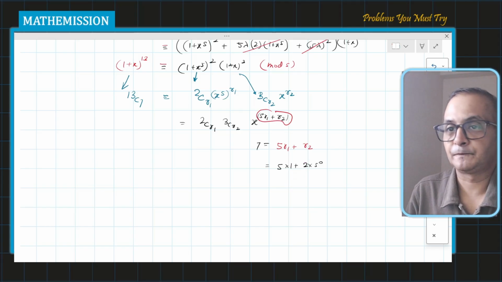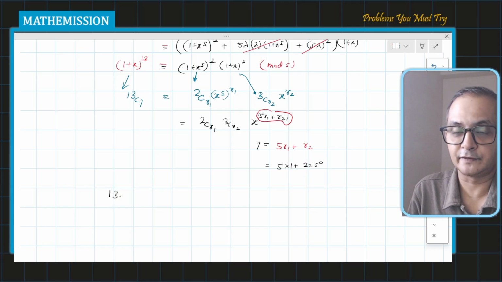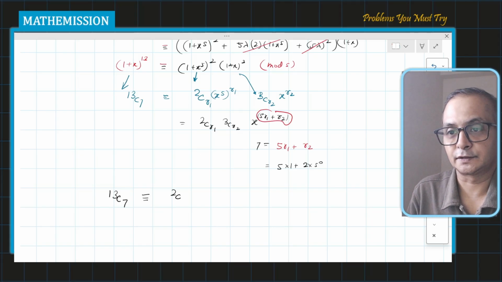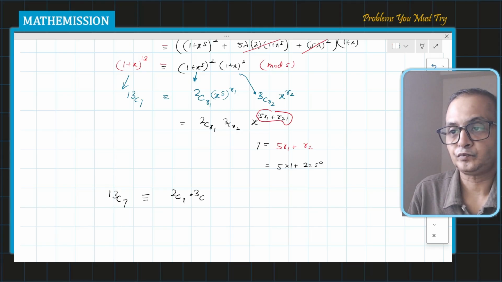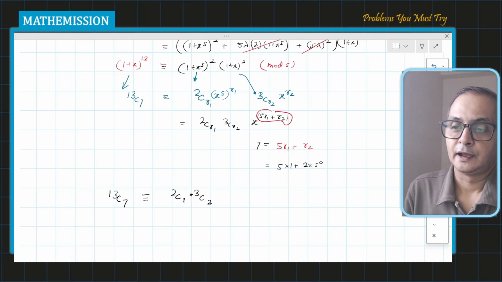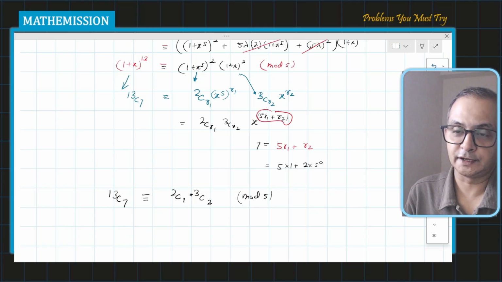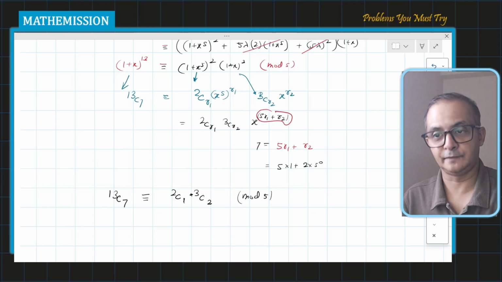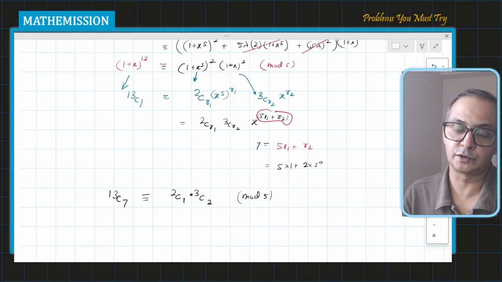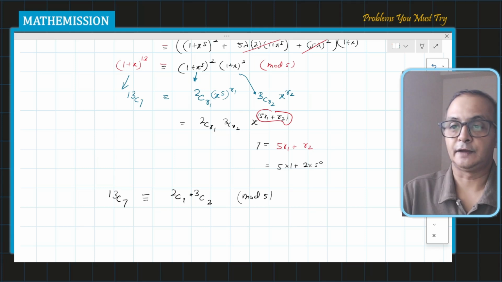So it means 13C7 mod 5 is equivalent to 2C1 into 3C2 mod 5. Means when we are finding the remainder of 13C7 when dividing by 5, it is equivalent to finding the remainder of 2C1 into 3C2 divided by 5.